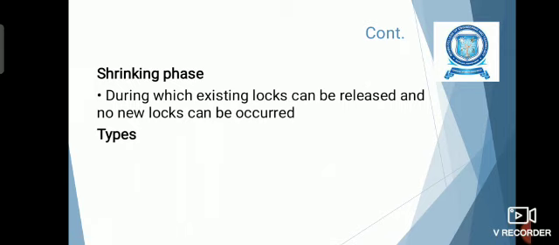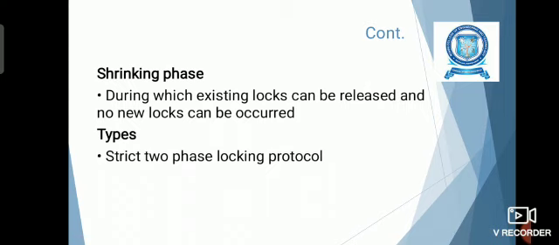Shrinking phase means after some time instance, after the usage of data items, the transactions will start releasing the locks. So the phase at which the locks are released is called the shrinking phase, during which existing locks can be released and no new locks can be obtained.